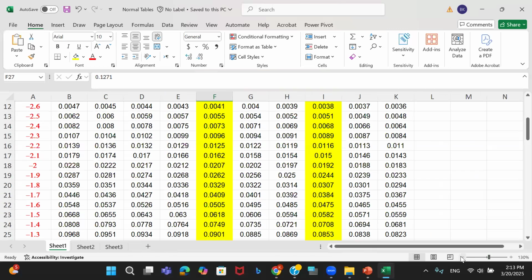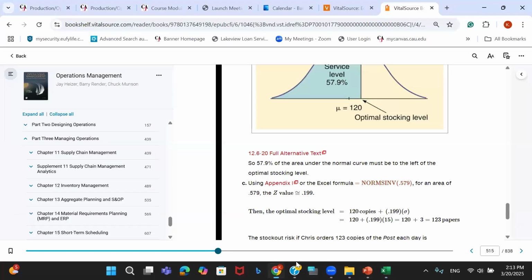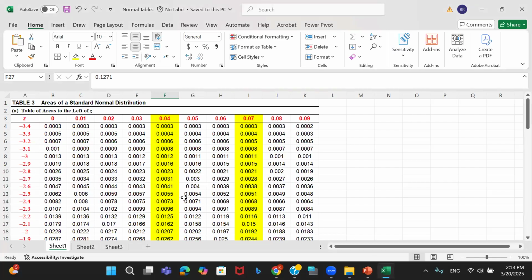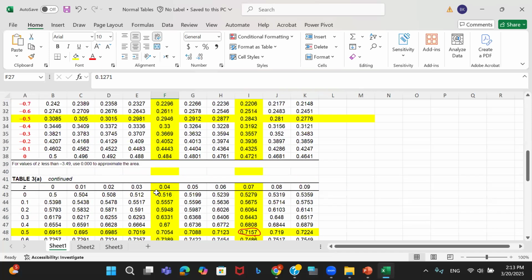Okay, so we said 0.579. We need to look here for 0.579. 0.5671, 0.579 here.